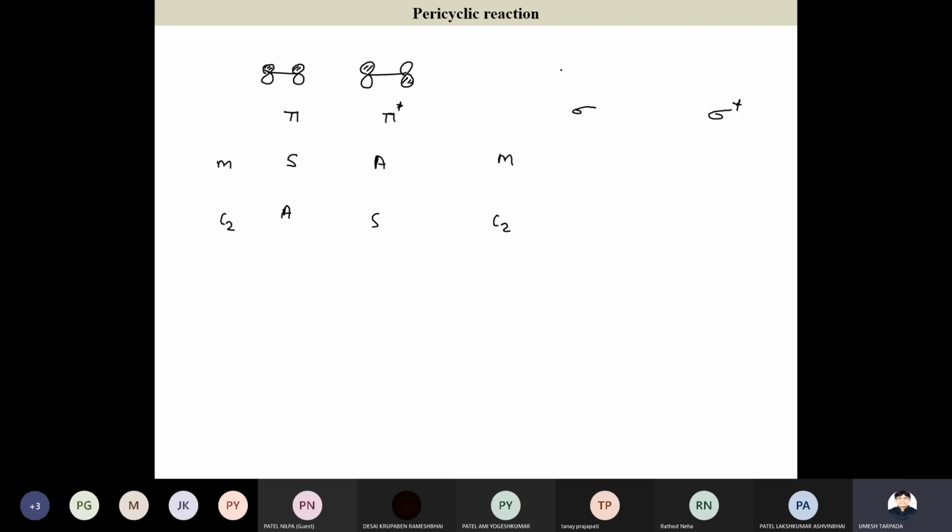This is the sigma bond, it is linear. What about C2 axis?